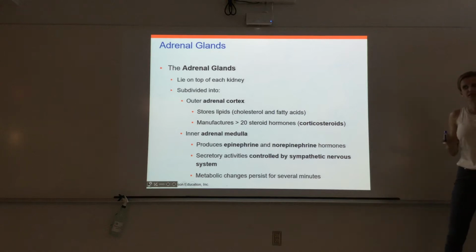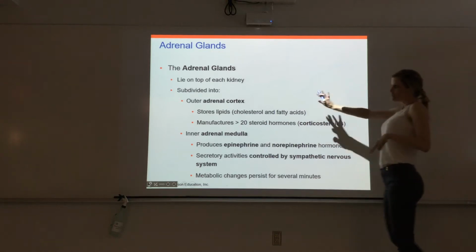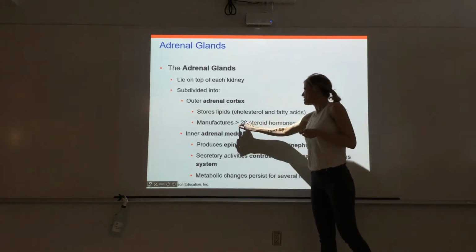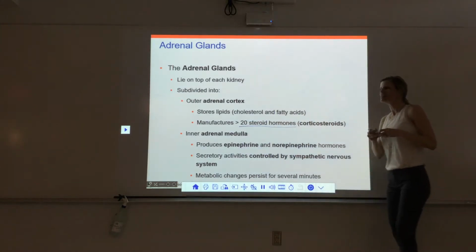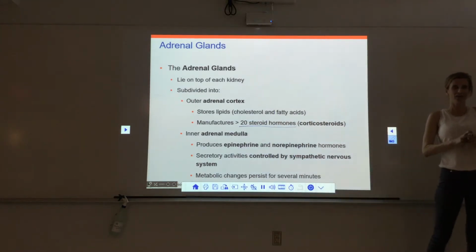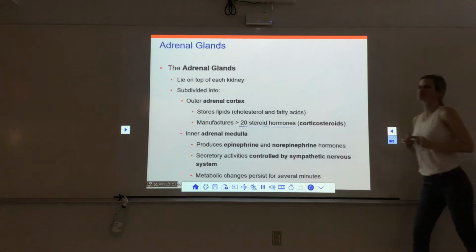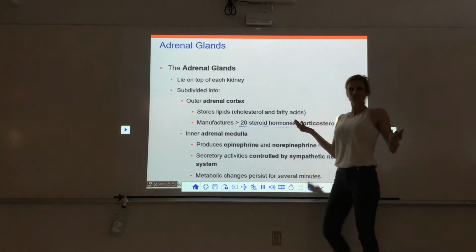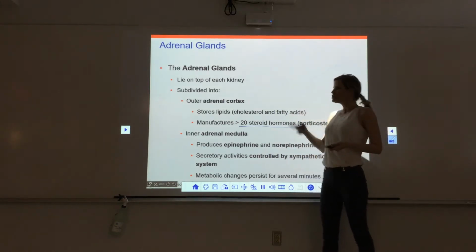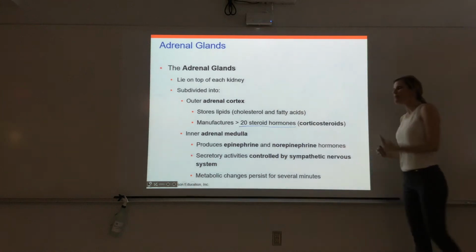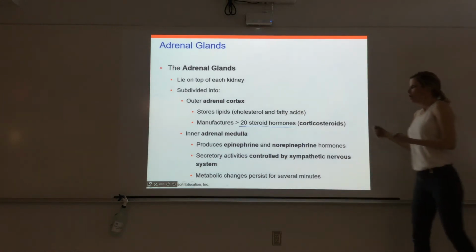Now we have those lipids there for a reason. The adrenal cortex manufactures lots and lots of steroid hormones. And what kind of hormones are steroids? Lipids, right? Those are lipid derivatives. So we've got a bunch of lipids there so that we can make these steroid hormones.